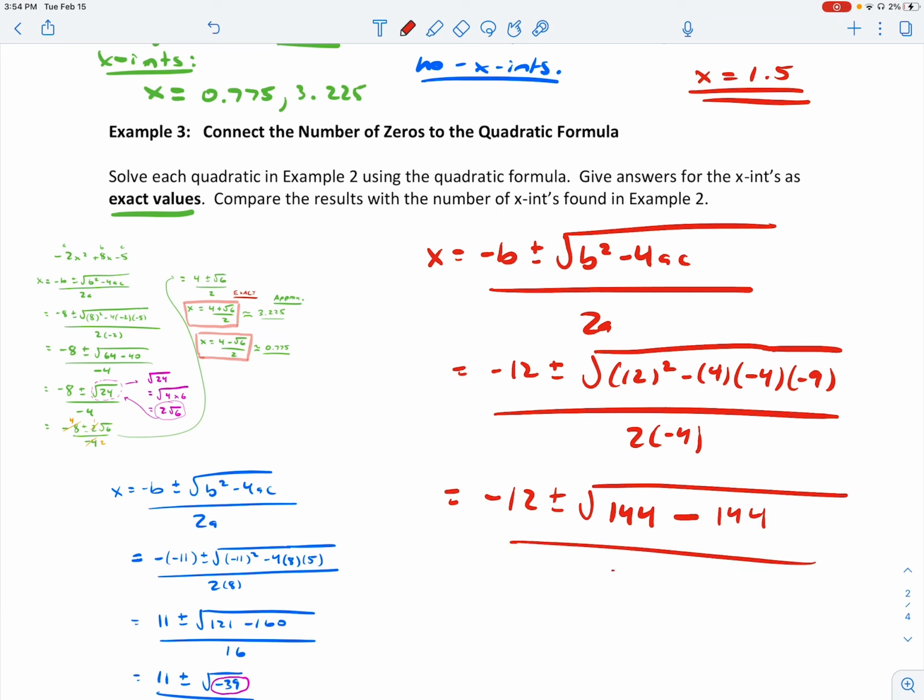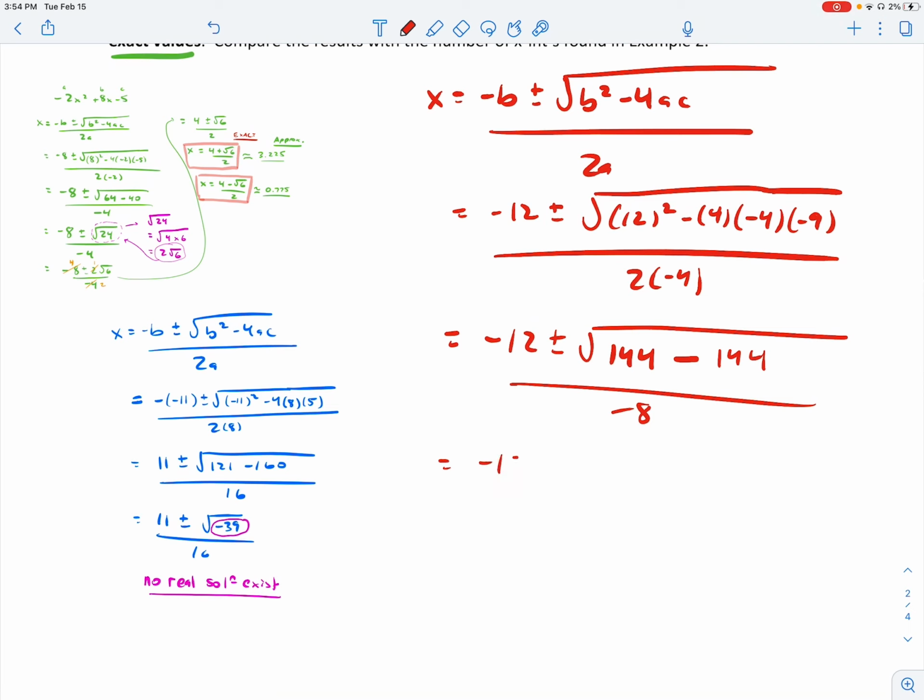So you see something interesting happens here. 144 minus 144 is all 0. So negative 12 plus or minus the square root of 0, over negative 8. The square root of 0 is 0, so it gets rid of this whole last part, and we're left with just negative 12 over negative 8, which equals 3 over 2, or 1.5.